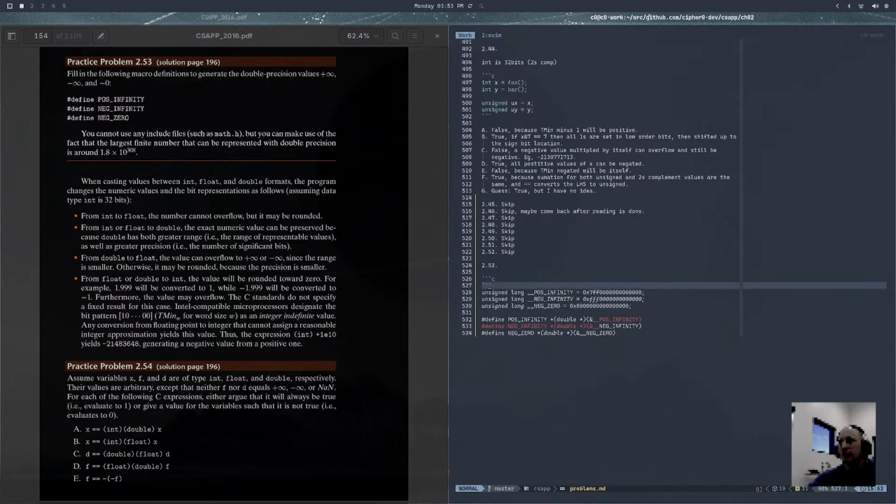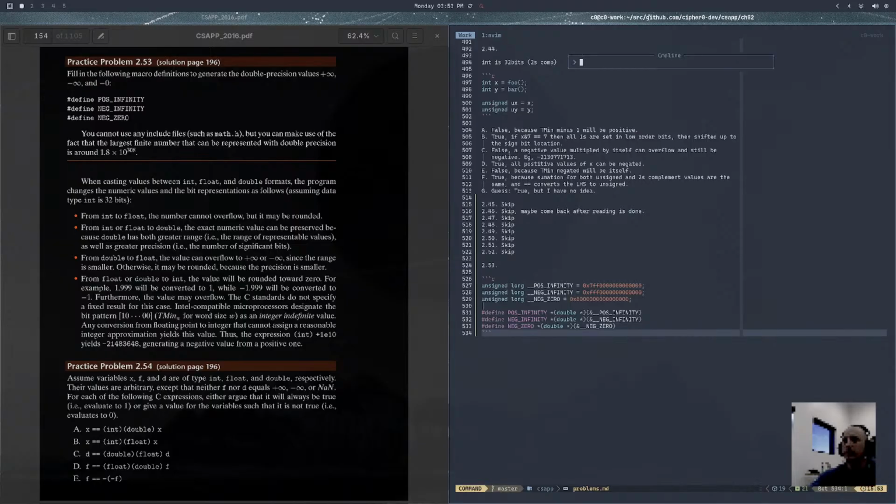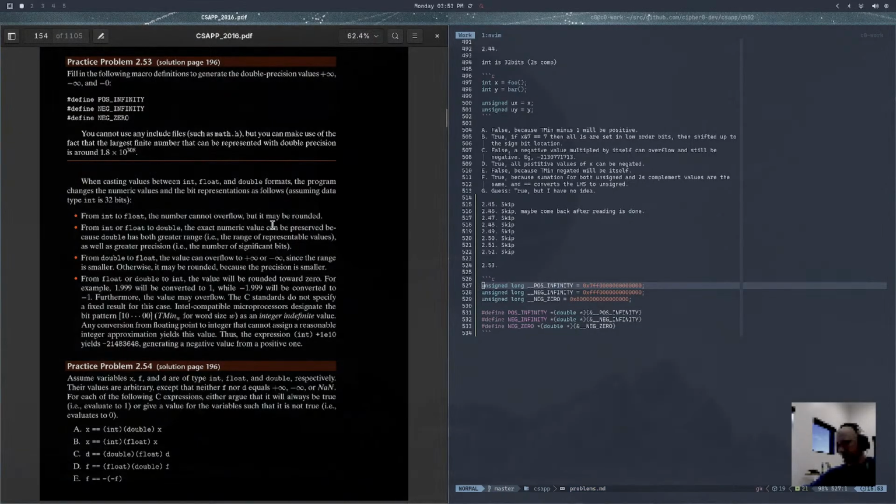And say C, do that. Okay, let's go to the back of the answers for the chapter and make sure that we got the right answer. 253. Oh, they did it a really lame way.